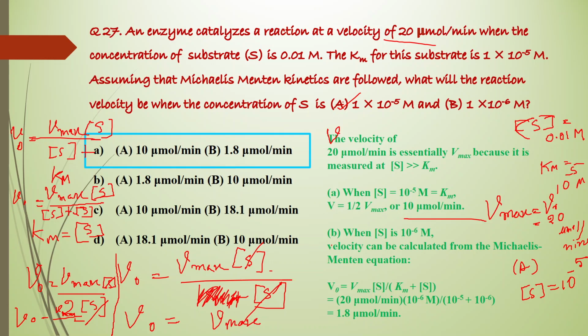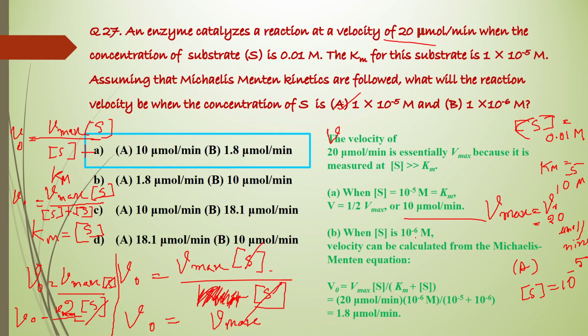Moving to the next one, when substrate concentration is 10 to the power minus 6 molar. Now, as the substrate concentration is 10 to the power minus 6, it is almost comparable with the Km value. Your value for Km is 10 to the power minus 5 and your substrate concentration is 10 to the power minus 6, so you cannot ignore any of them.